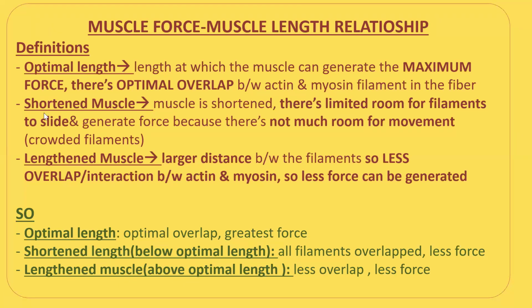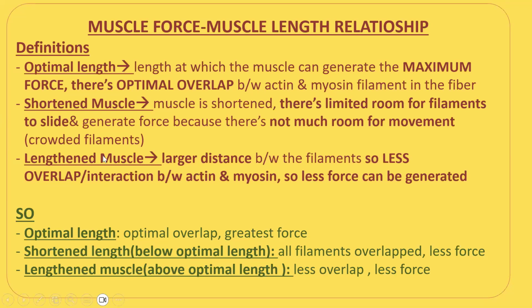For example, you can shorten your muscle to 5 centimeters, and this is the maximum amount that you can shorten it. You cannot shorten it, for example, to 4 or 3. It cannot exceed this length. So this is the shortened muscle. There will be limited room for filaments to slide, with the maximum amount of actin-myosin cross bridges. You cannot shorten the muscle beyond this length.